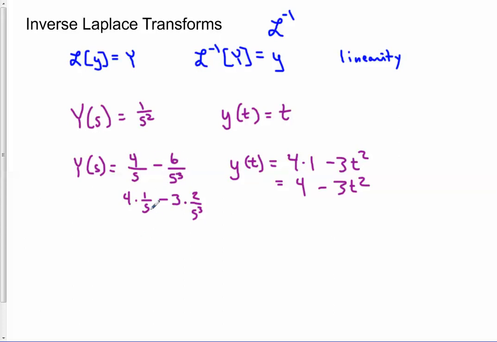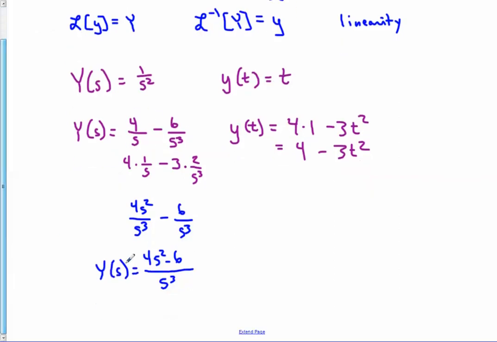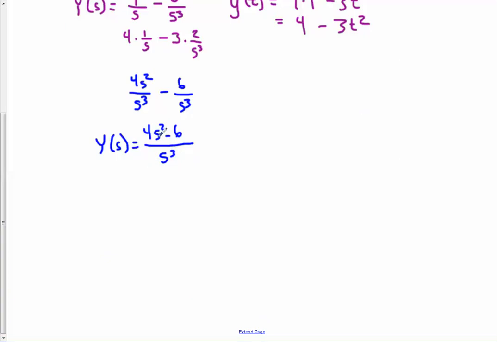If I get a common denominator, I write 4s squared minus 6 over s cubed. If this is how that capital Y was given, and it really is the same, then we would need to recognize that I can divide s cubed into each term: here I'll get 4 over s, and here I'll get 6 over s cubed, and then I can work on either of those as we did before. So there's a real quick example.